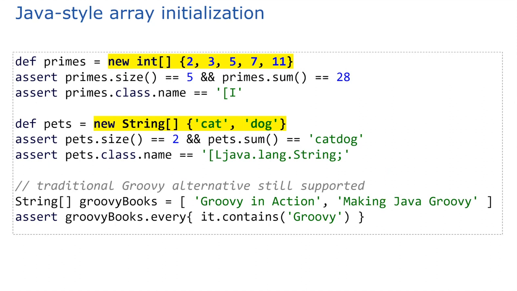Now we know that if there's an array specification in front of it, it can't be a closure at that point, so we can cover off this. The old style is still supported. Some of the Java style array initializers are supported, some are not. Some would still be ambiguous, so you can't do all of them, but there's more that you can do now.